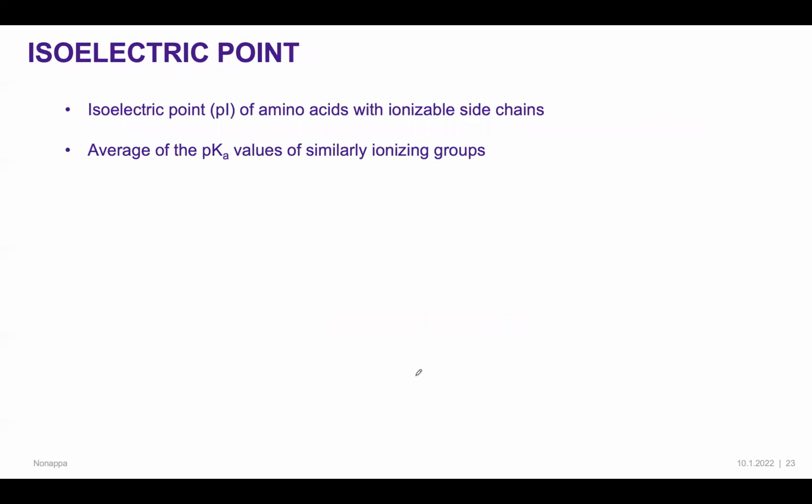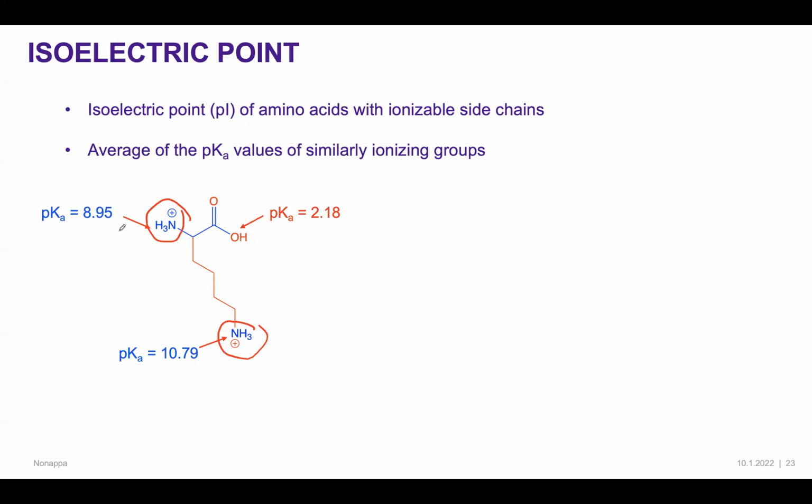What if you look into multiply charged amino acids which are polar and charged, and how to calculate their isoelectric point? Here, in this case, there are two amino groups which have different pK values and a carboxylic acid group which has a pK of 2.18. Now, in this scenario, you take the average of the two like-charged or similarly charged functional groups.